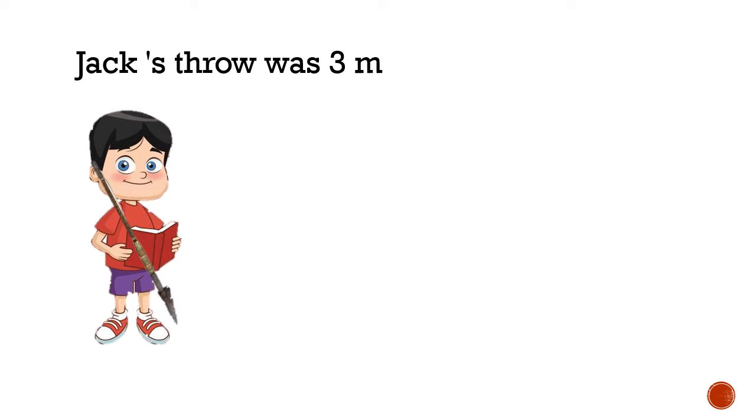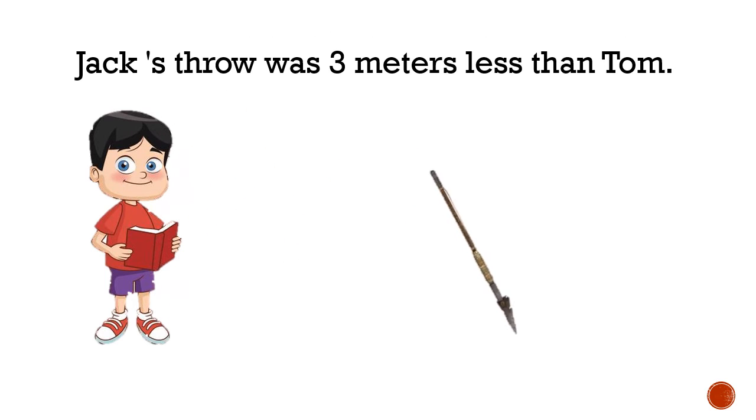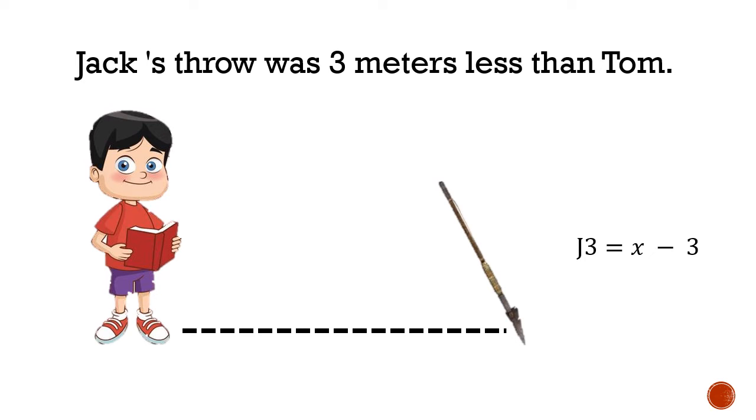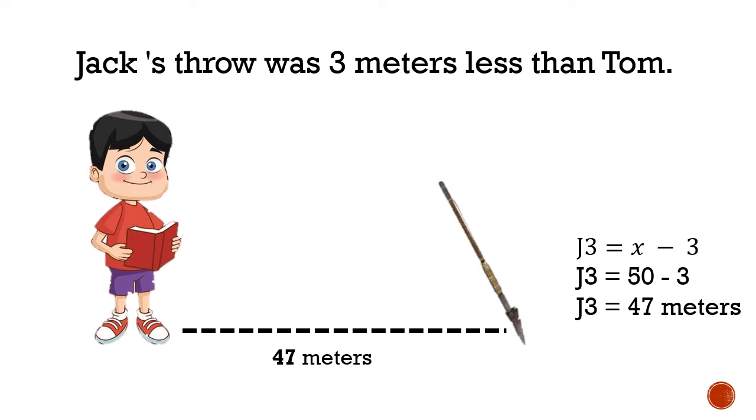So Jack's throw was 3 meters less than Tom. So J3 is equal to x minus 3. We know that x came from Tom, which is equal to 50. So we have 50 minus 3, which is equal to 47 meters.